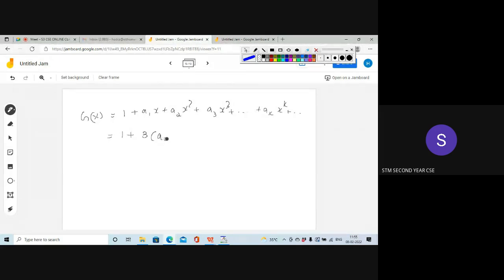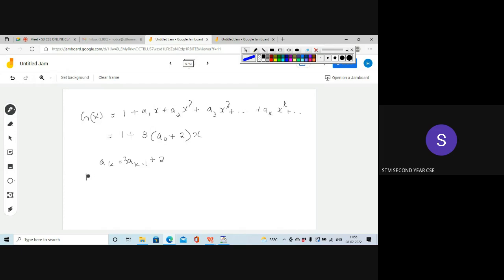I'm not substituting the value of a0 now; we'll do it at the end. Given that a0 is equal to 1, but I'm not substituting that value. So you get 3 into a0 plus 2 into x. So a1, that is, given ak is equal to 3 into ak minus 1 plus 2.